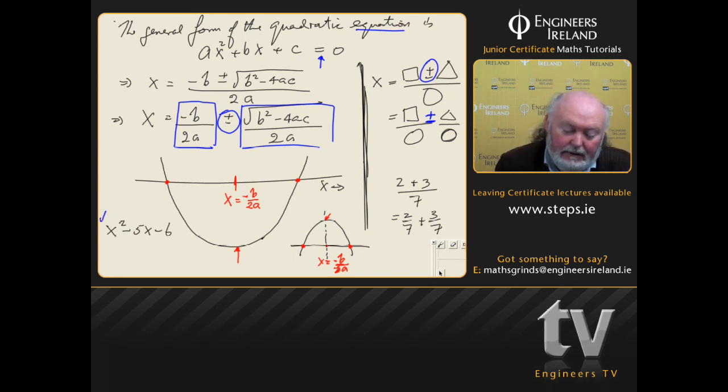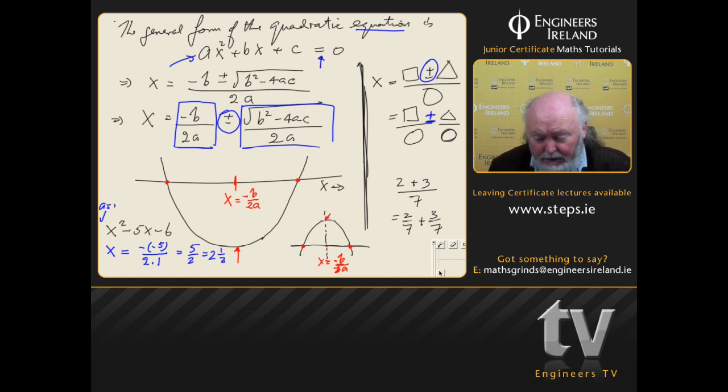That makes a equal to 1. b is minus 5, and c, which we don't need to find the middle bit. So we get x is equal to minus, outside of minus 5, all over 2 by 1. And if you notice, that's the exact same answer we got on the previous page.